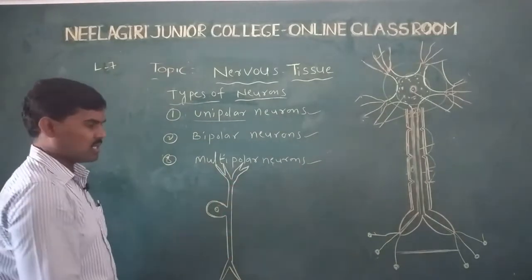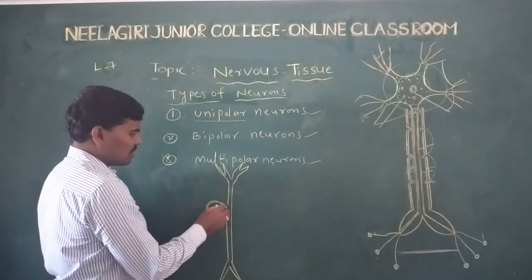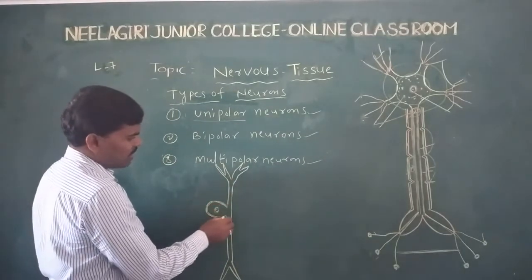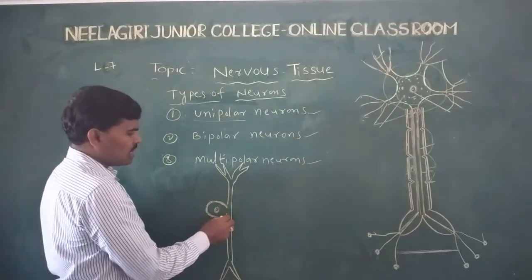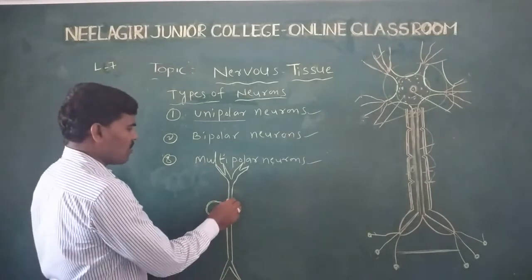The single axon divides into two branches. Only one axon originates from the cell body or soma, and then the axon divides.